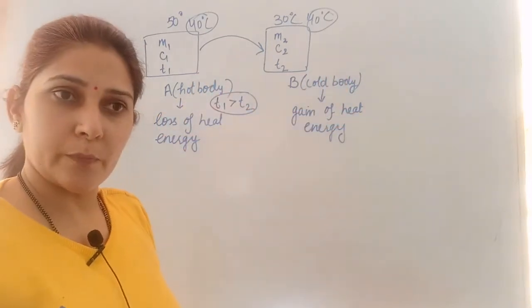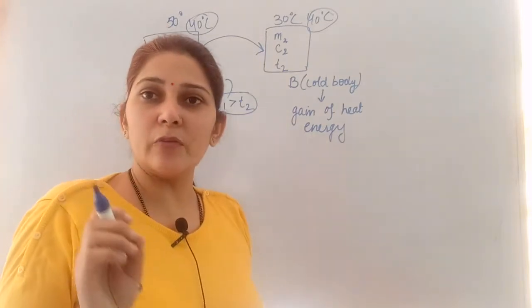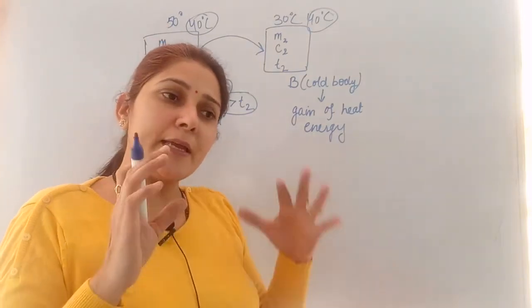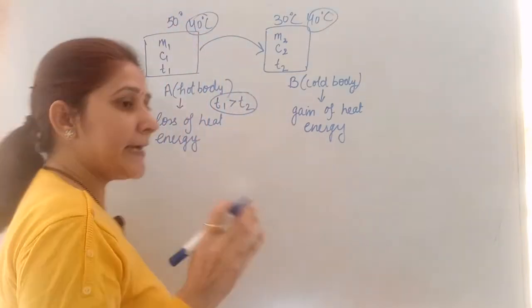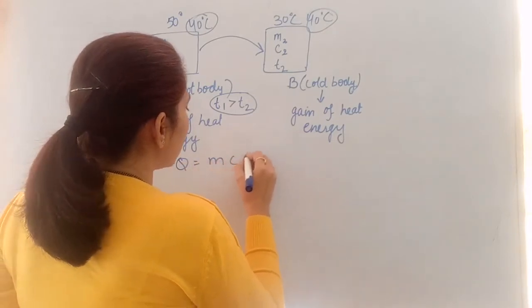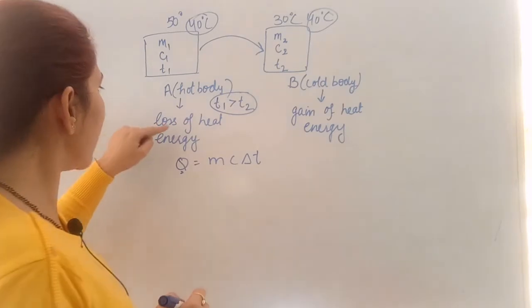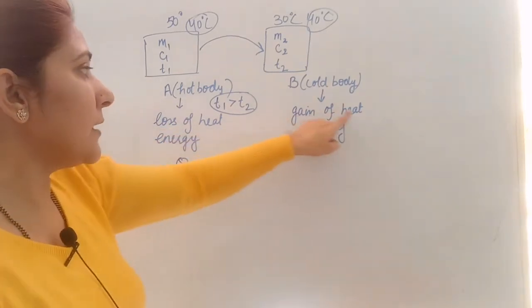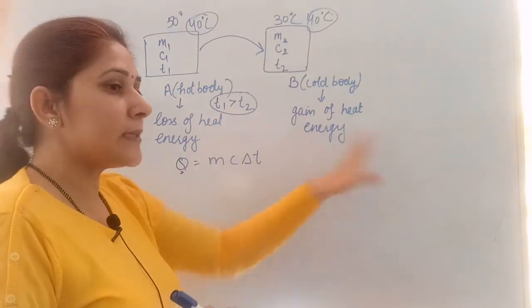Now as we are aware of specific heat capacity, how we write the heat required in that situation, we have done one formula and we are aware heat required is given by mcΔT. This is heat required. That means there is loss of heat energy and there is gain in heat energy, means either the heat is given or the heat is taken.